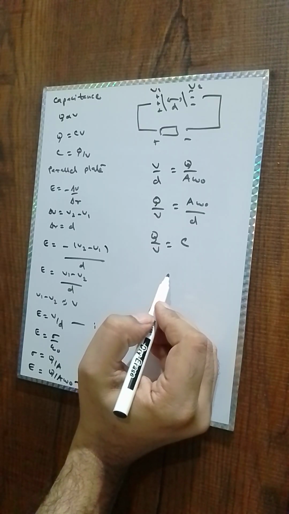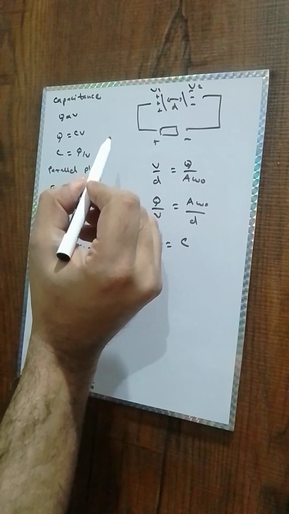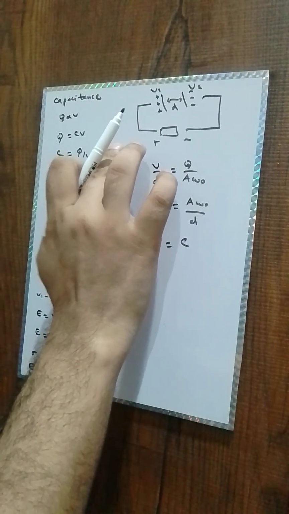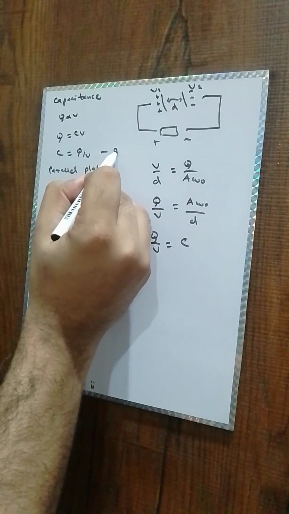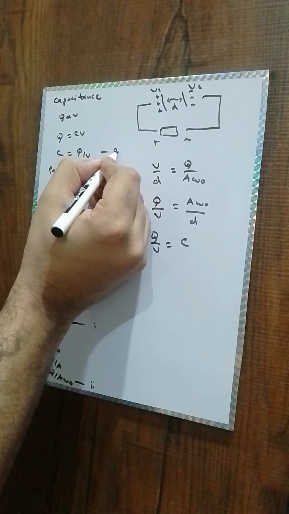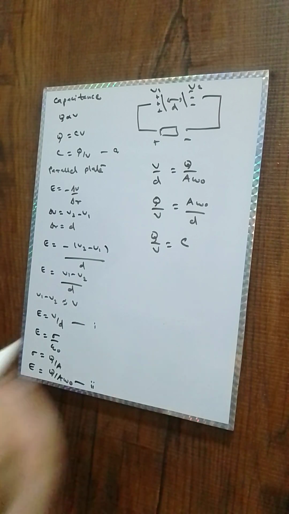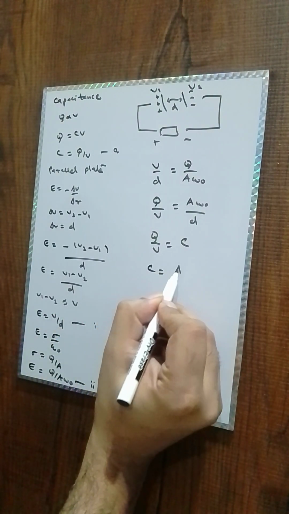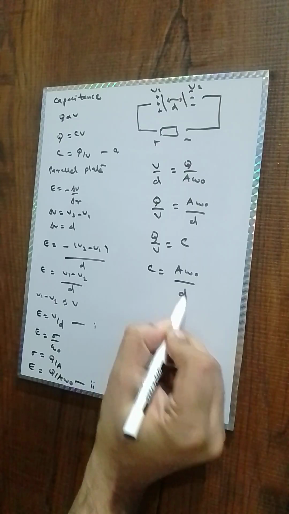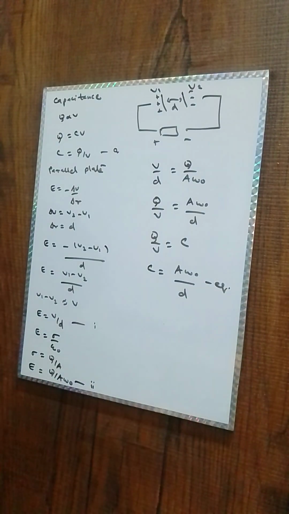This we know from here. Let's call it a substitutional notation A. So now we know that capacitance C is equal to A epsilon naught by D. So this becomes the equation of interest.